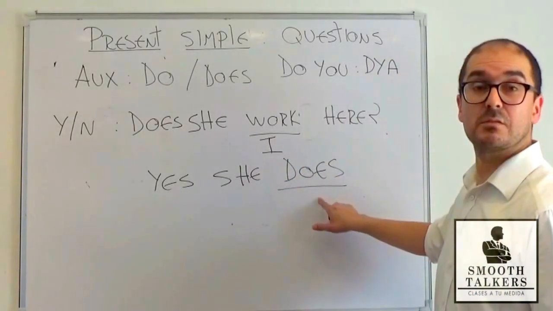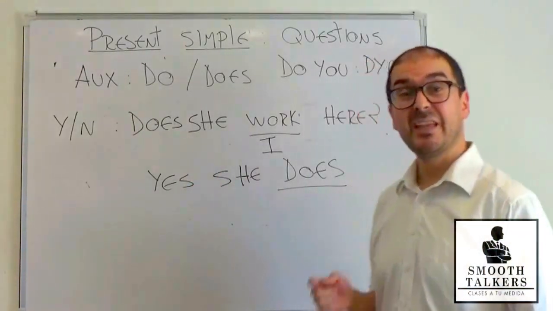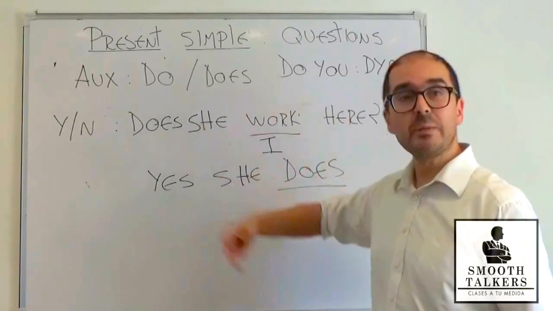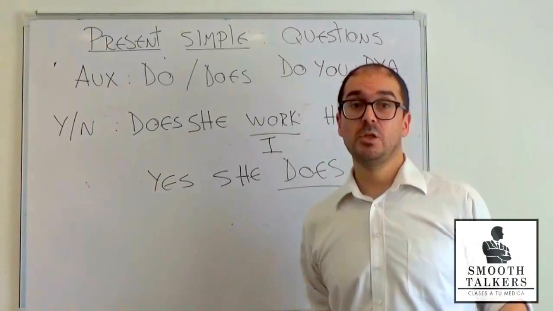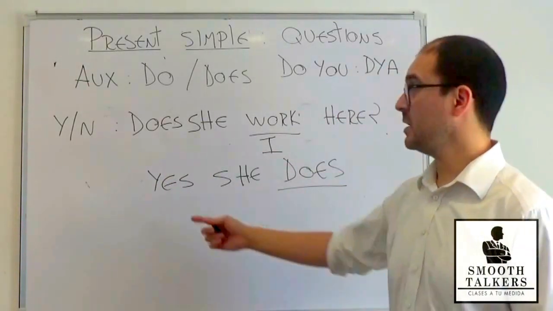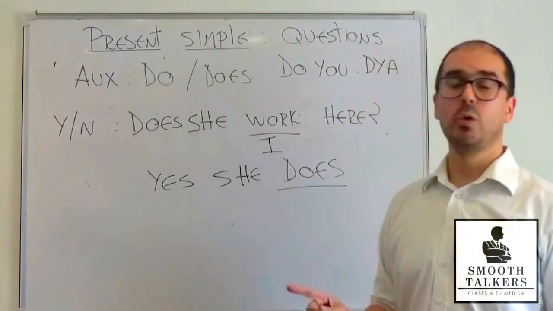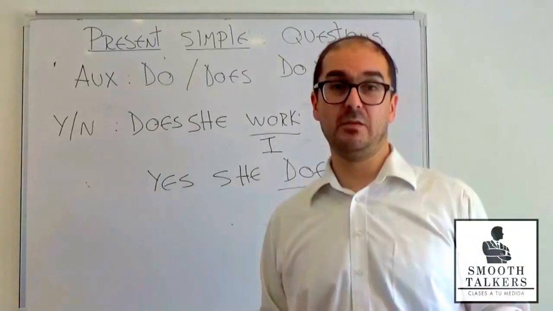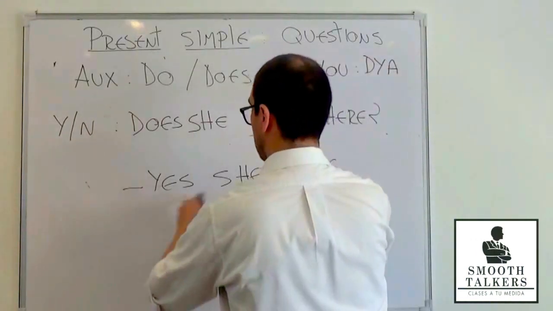This is called a short answer. And the good thing about this is that just saying "does" is repeating the big idea contained in the question. So, does she work here? Can be answered with yes, she does. Or no, she doesn't. And then we don't need to repeat the phrase.